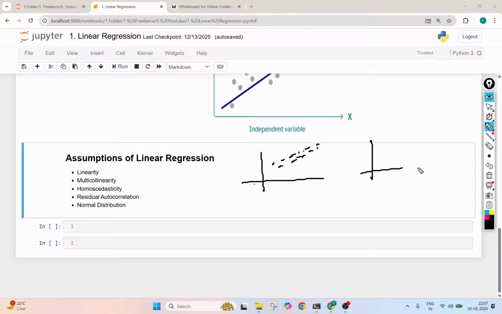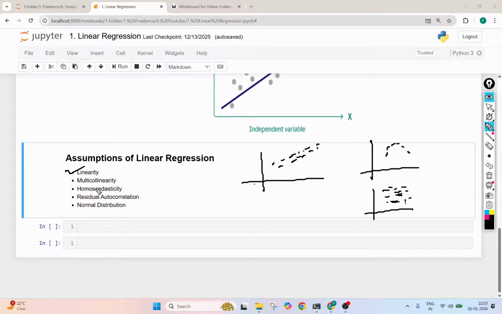For example, if we have something like an exponential function or a quadratic function over here, then we cannot apply linear regression. For linear regression to get applied, the relation between input and output should be linear in nature. All right.